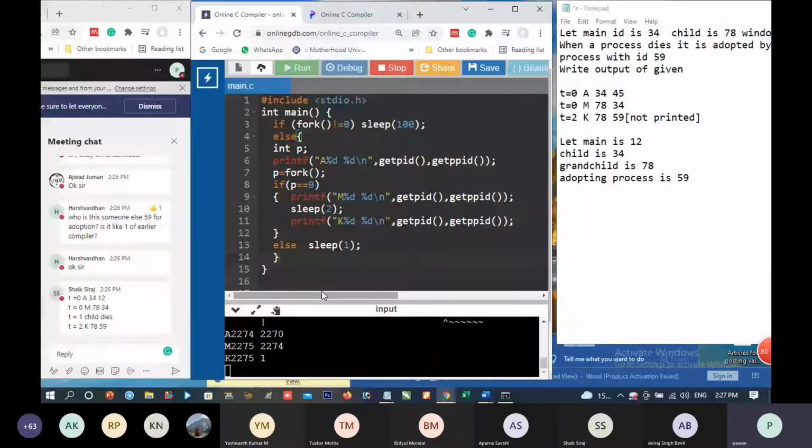Observe the output in the GDB editor. Execute it. I am giving you time.